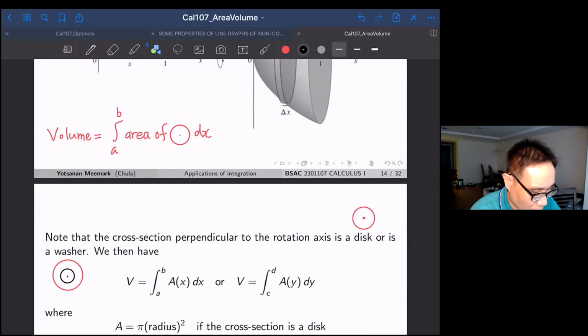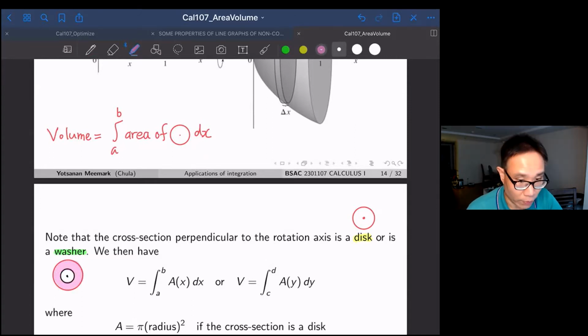So you have the center here. The washer is this picture, and the disc is this picture. You see the difference here: the washer is a donut that has the inside circle and the outside circle. This one is called a washer.